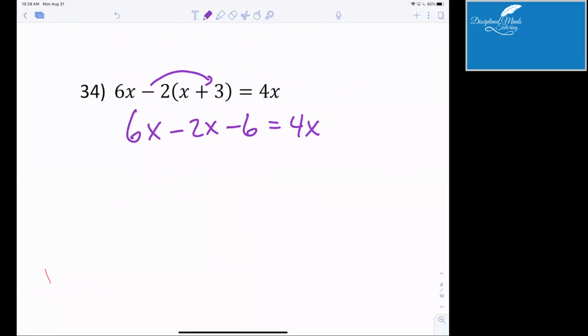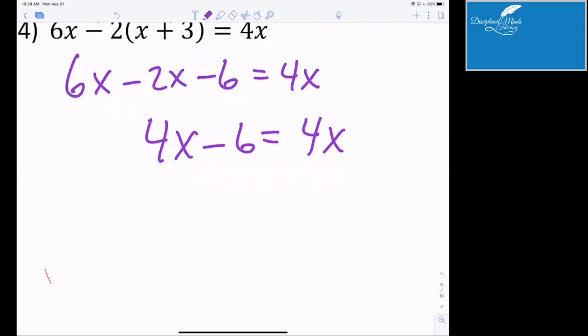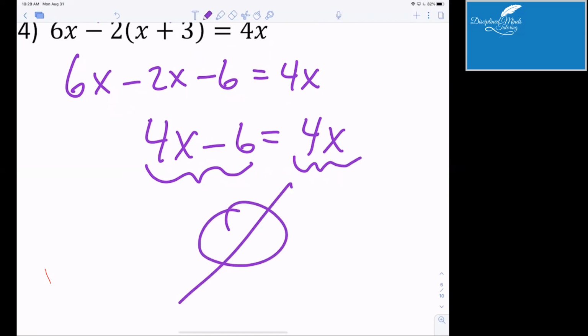Equals 4x. And then you can combine them. So it's 4x minus 6 equals 4x. Can 4x minus 6 equal just 4x? No. Thank you. There you go. No solution. You okay with that? Yeah.